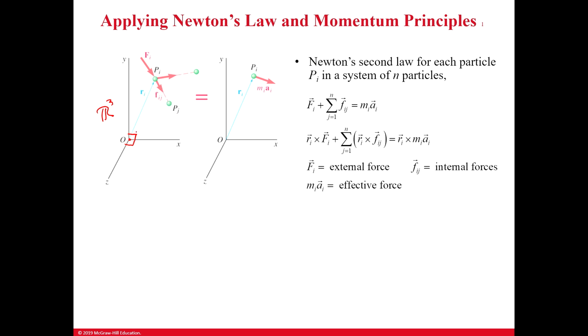So the distance of the Earth with respect to the Sun, or the distance of a car with respect to a coordinate system, or a satellite with respect to Earth, whatever. The equations that are going to be studied are the external forces, as we said a minute ago, and the summation of the internal forces.